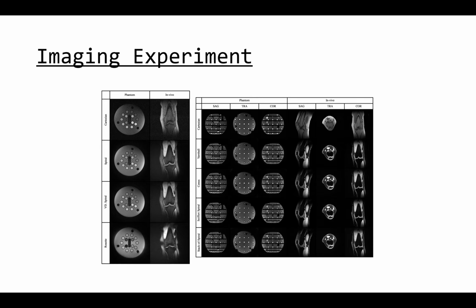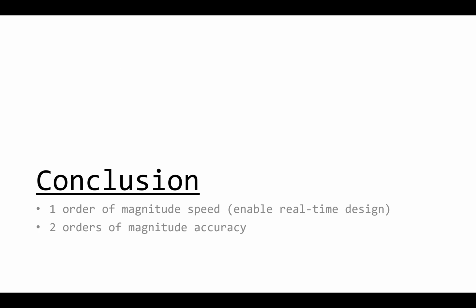We can also see that in the 2D imaging results, non-Cartesian sampled images have a significantly higher signal-to-noise ratio compared to the Cartesian reference. As a conclusion, our proposed method achieves 1 or 2 orders of magnitude improvements in terms of the computation speed and the slew rate accuracy. We achieve this by introducing a more efficient time uniform and hardware intrinsic sampling.